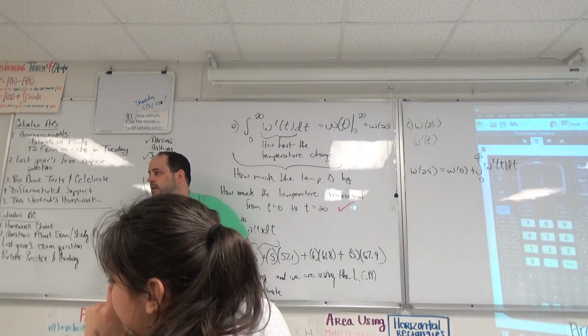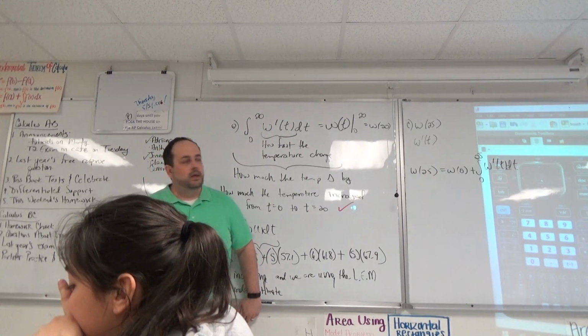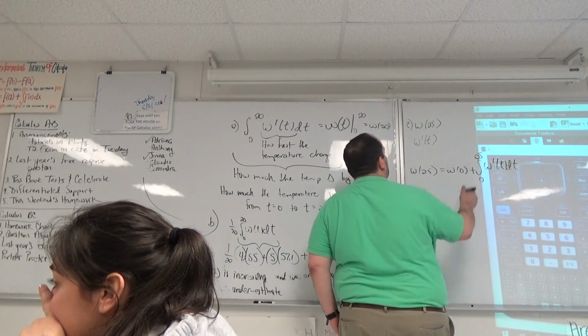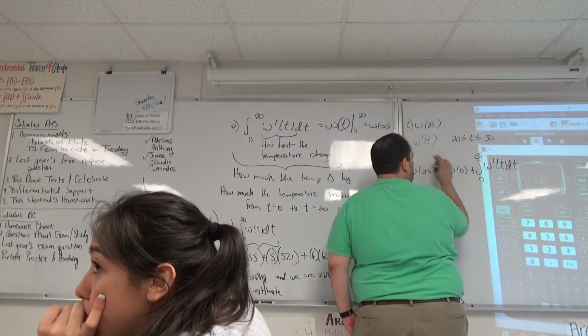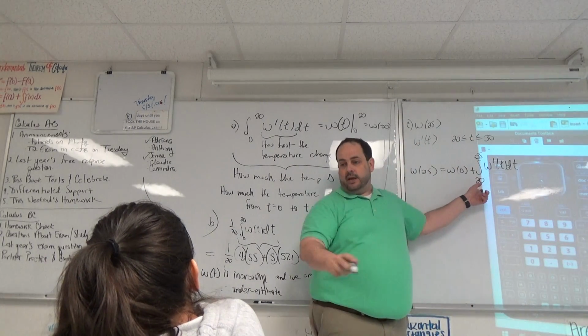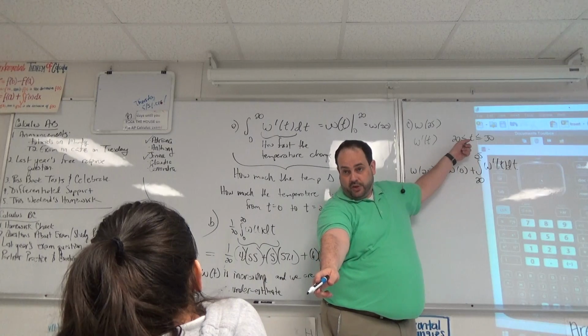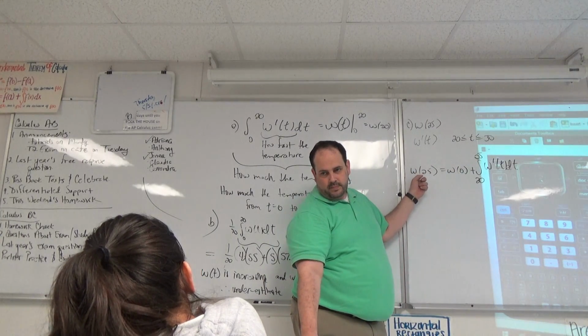The initial value is not 0. Why not? Because in part C it says the initial value is from 20 to 30. Right? They've told you in the beginning that W prime only works from 20 to 30. Now you had your integral going from 20 to 30. Do you know why we're going to 25? Okay.